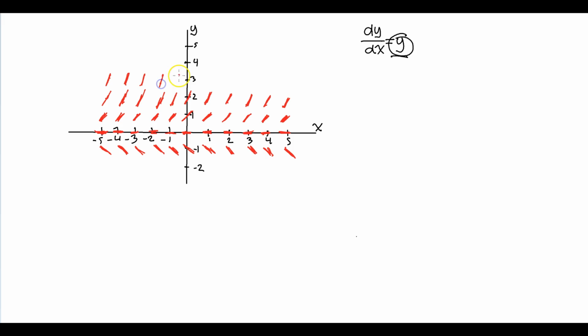So as you can see, start up to 4. Remember, these are just approximate. These are not slopes of exactly 4. But you can still see a general pattern.